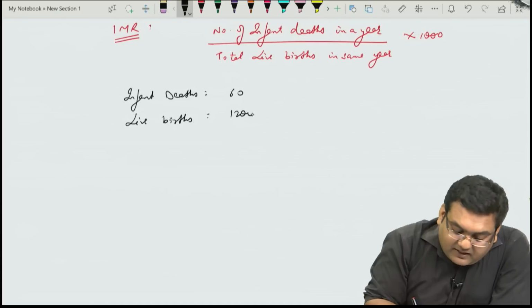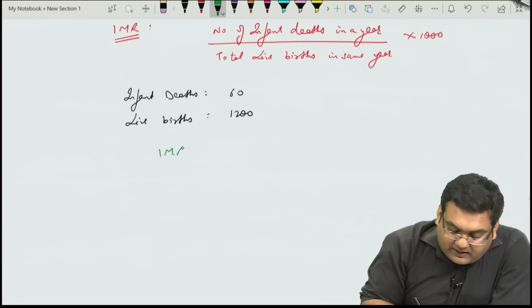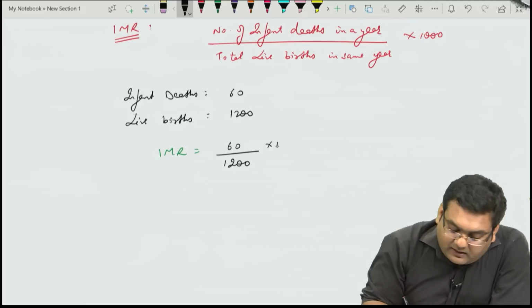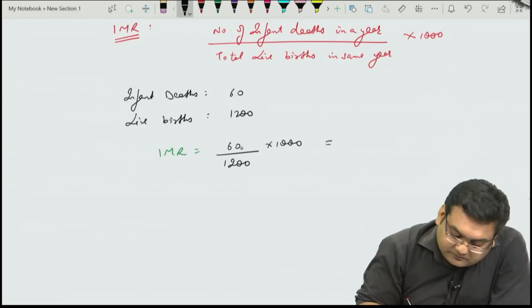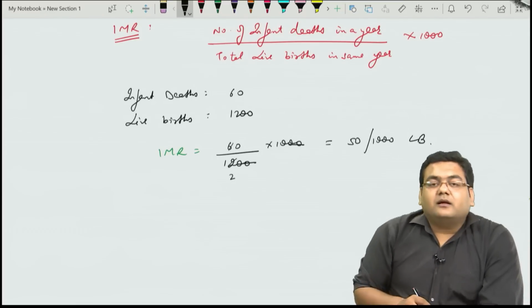Live births they have given us 1200. So infant mortality rate becomes 60 by 1200 into 1000. That is 50 per 1000 live births.